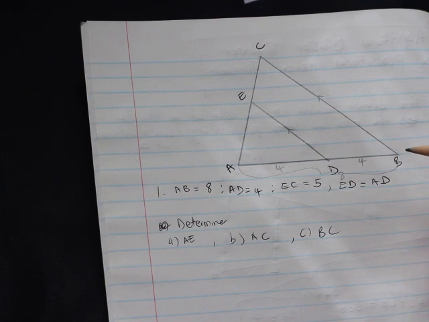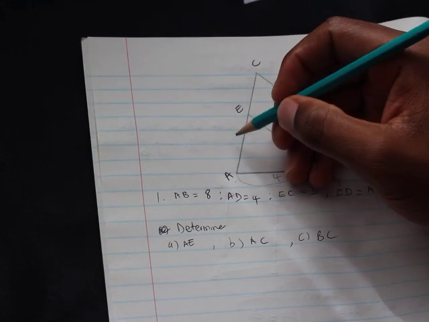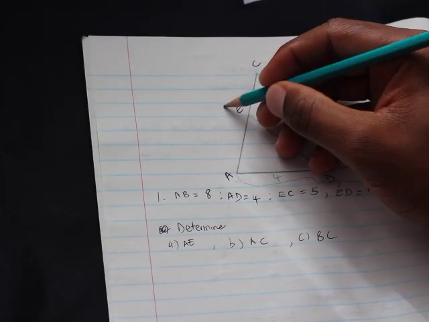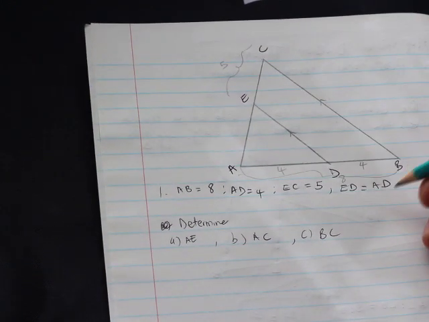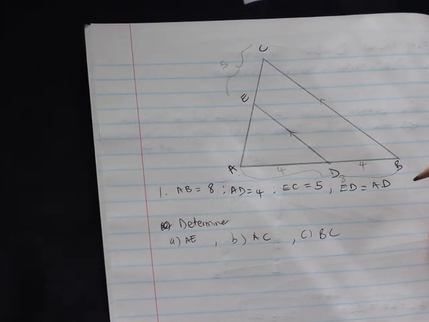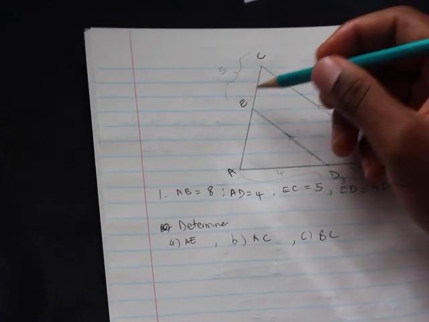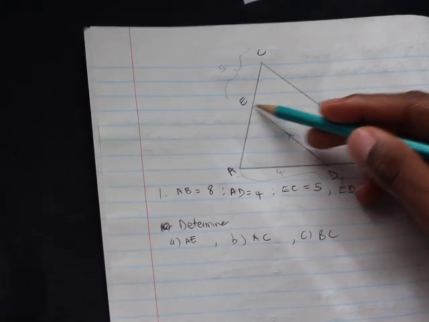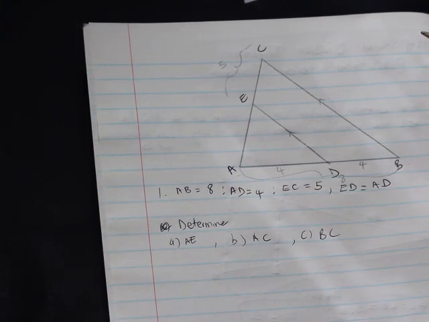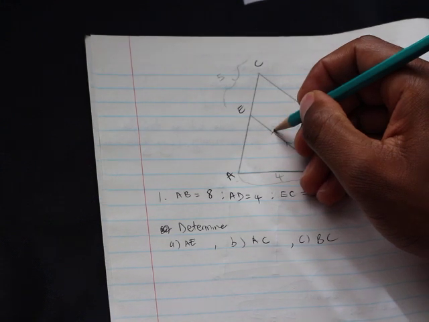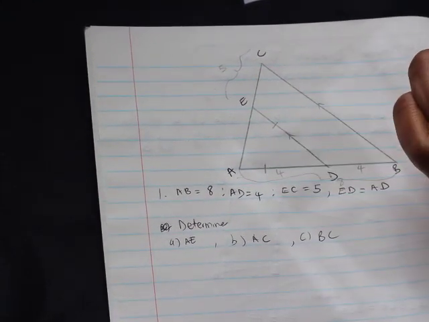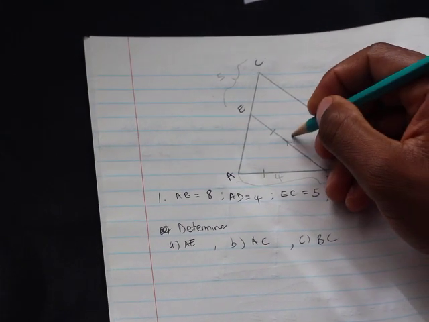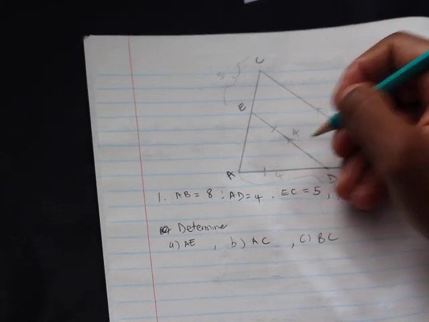Okay, so let's see. EC is 5 units, and we've been told that ED is equal to AD. Here's our ED. It's equal to AD. So this is equal to that. All right, so meaning that this is also 4 units.